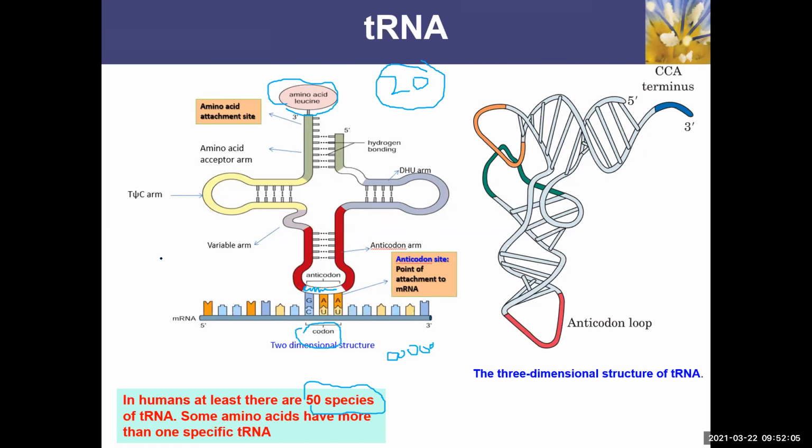Remember, 3 bases together on the mRNA are called a codon. For example, you have CUU. It is a codon on the mRNA. So the codon is always on the mRNA, whereas the anticodon is always on the tRNA. And these two, the codon and the anticodon, these triplet bases, are complementary to each other.